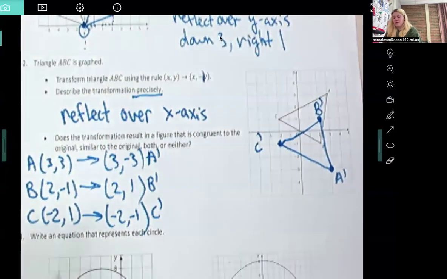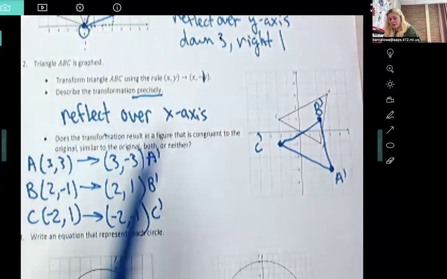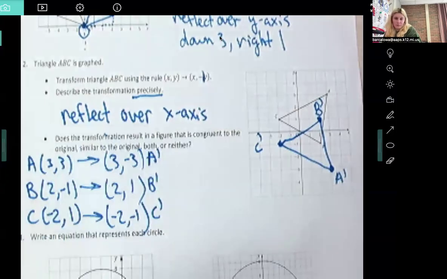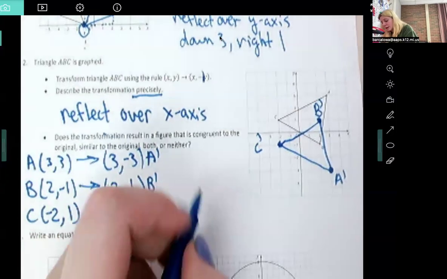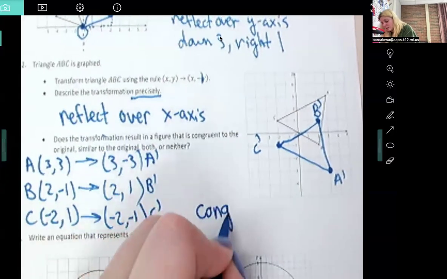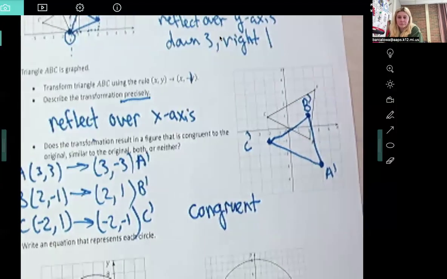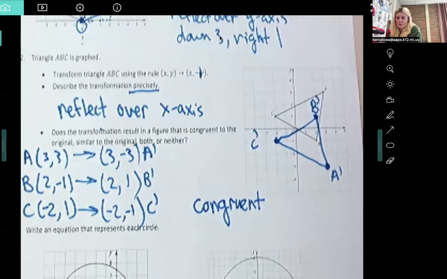Okay? So is this transformation congruent, similar, both, or neither? Okay, I would say congruent. Okay, congruent. I guess it's also similar. I think congruent is the most precise answer, in my opinion.